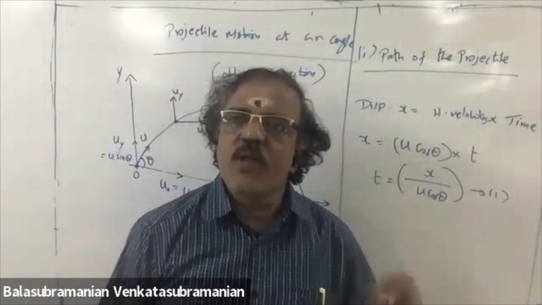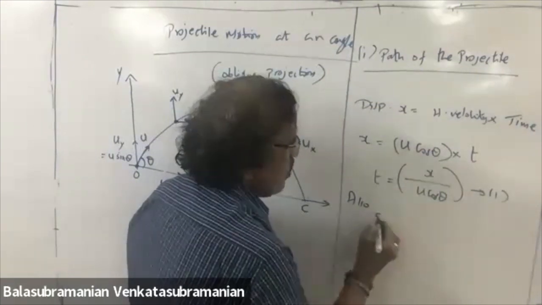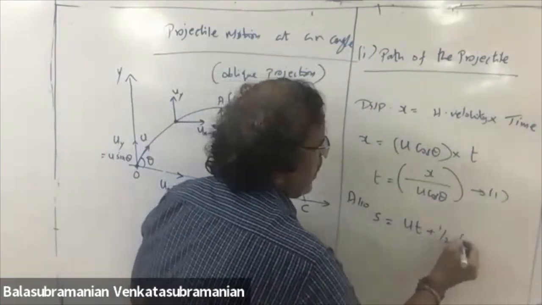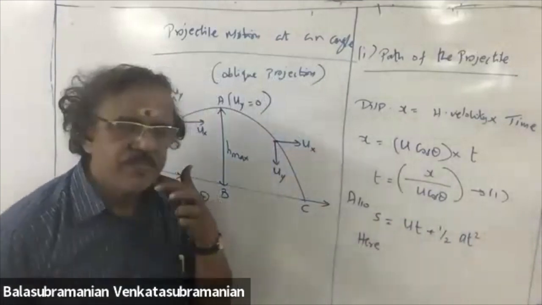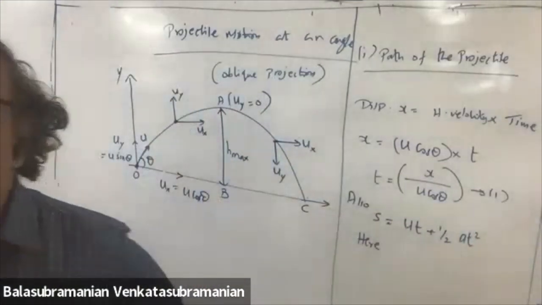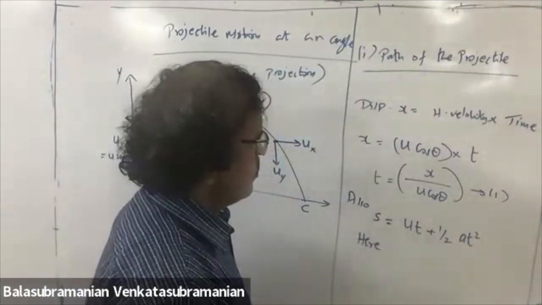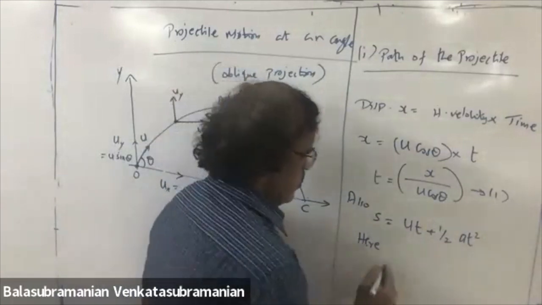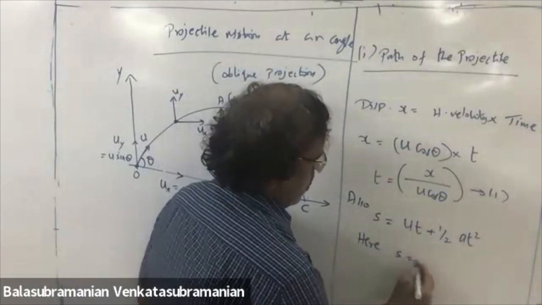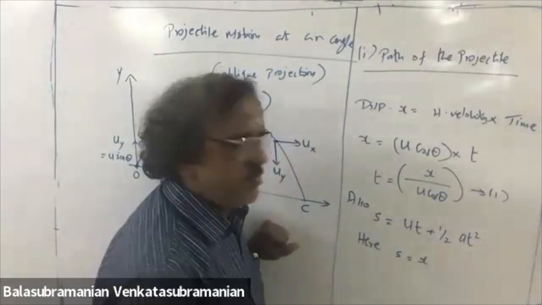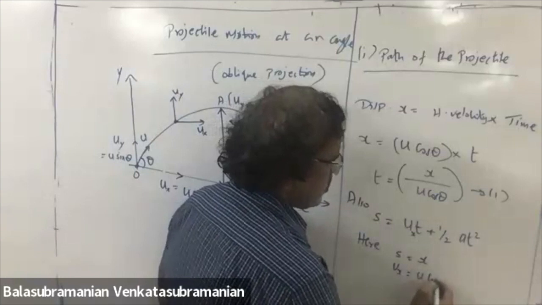Next we write the displacement equation. What is the displacement equation? S is equal to ut plus half at square. Here s is x displacement, and ux is the horizontal velocity, u cos theta.